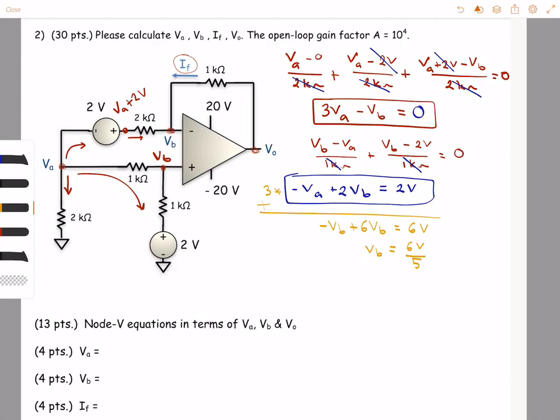If we know what VB is, we can calculate VA, because we can use any one of these expressions. From the first equation, what we have is 3VA equals VB, which is equal to 6 volts over 5. This means VA equals 2 volts over 5.